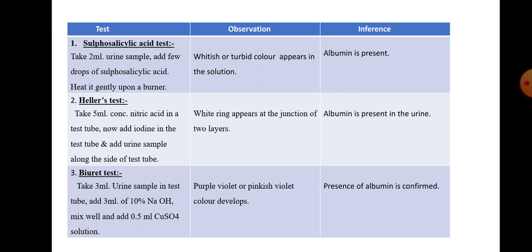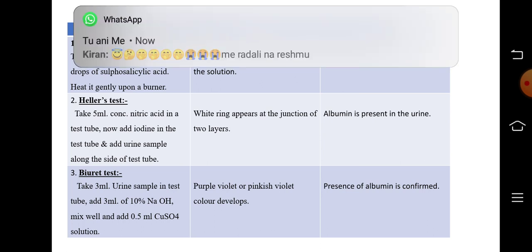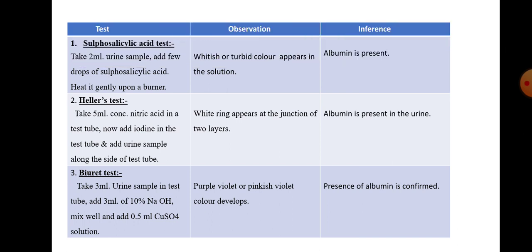Then the second test is the Heller's test. In another test tube, take 5 ml of concentrated nitric acid.